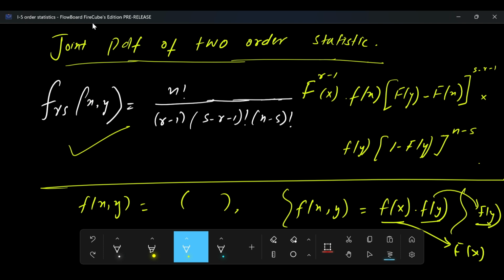Let's suppose you are asked to find f of 3 comma 1, that's n factorial, 3 minus 1, so 1 minus 3 minus 1, which is absurd.